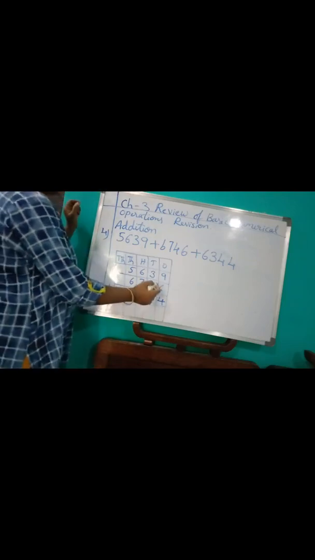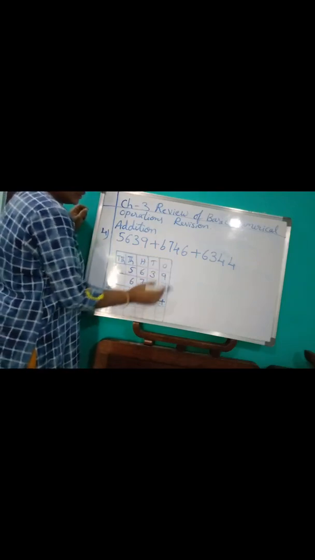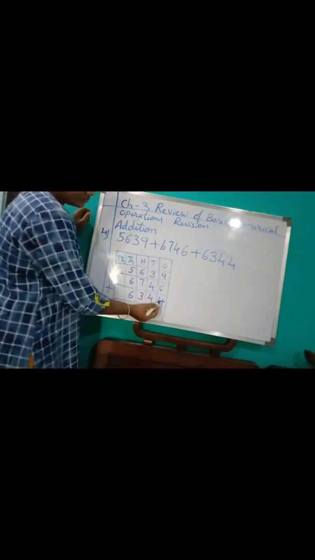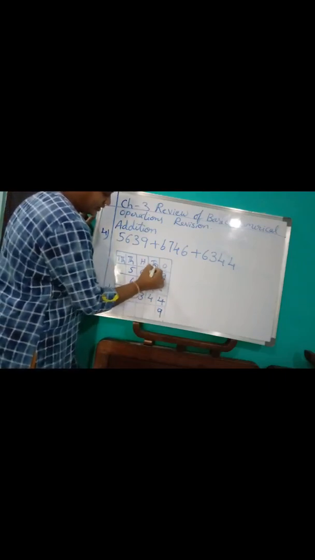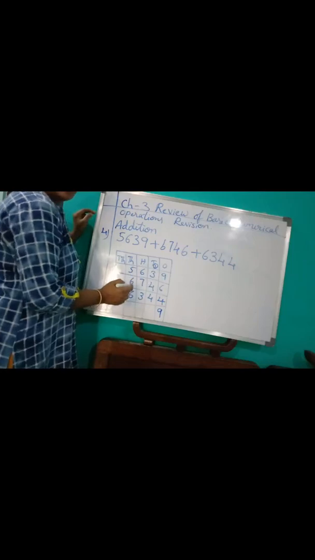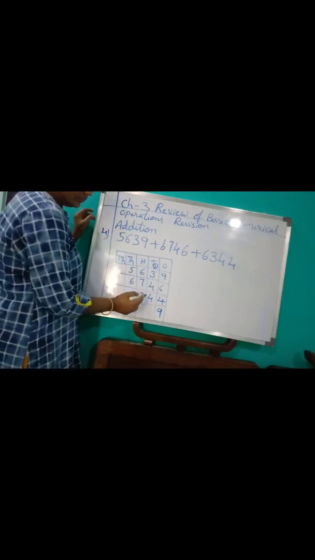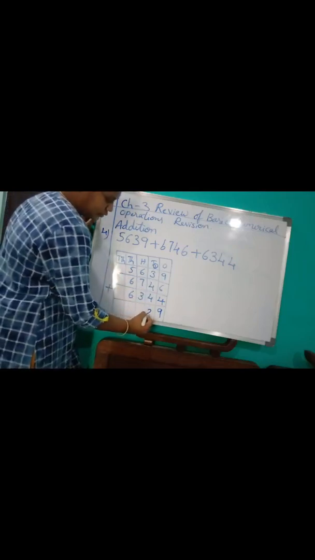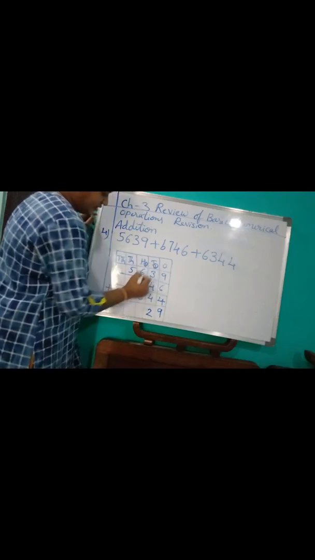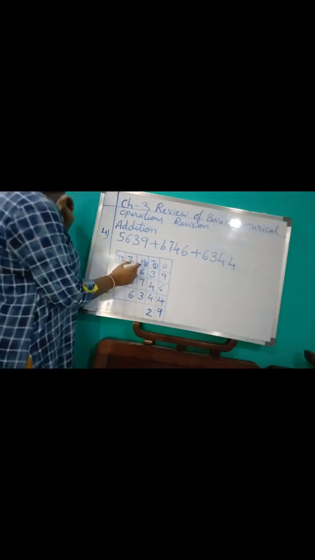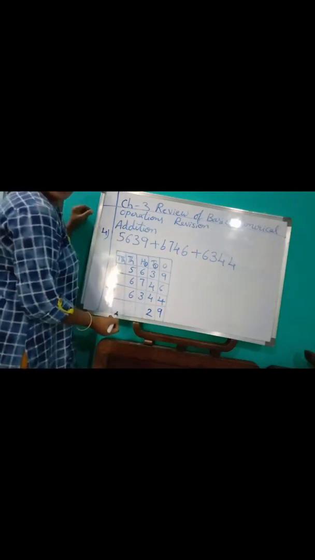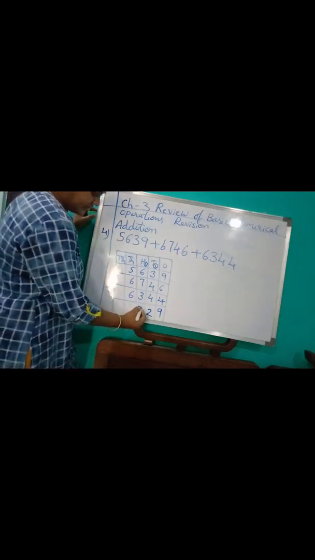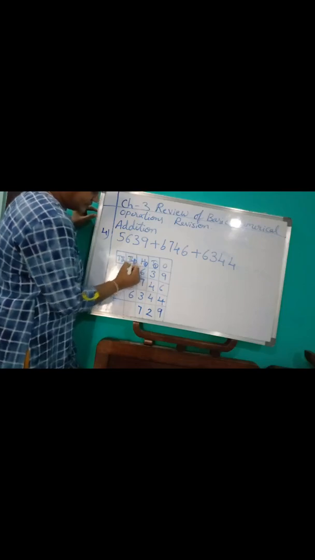You should add this first. 9 plus 6, 15. 15 plus 4, 19. 9 here, 1 carry forward. 3 plus 1, 4. 4 plus 4, 8. 8 plus 4, 12. 2 here, 1 carry forward. 6 plus 1, 7. 7 plus 7, 14. 14 plus 3, 17. 7 here, 1 carry forward.